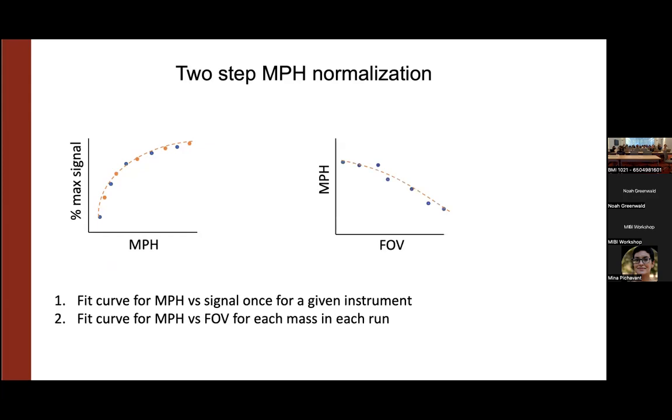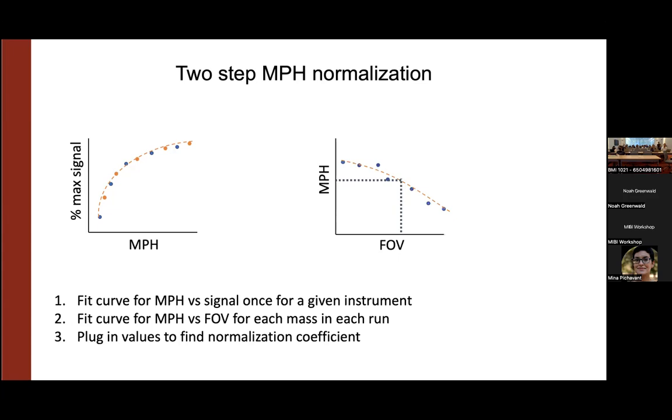We then, for each run, for each FOV, for each mass, calculate this curve. This is one that we redo every time. And this tells us, for this FOV and this mass, what MPH do we estimate it to get? We then just plug in to say, okay, this mass is at this value. That's going to determine what the normalization constant is.